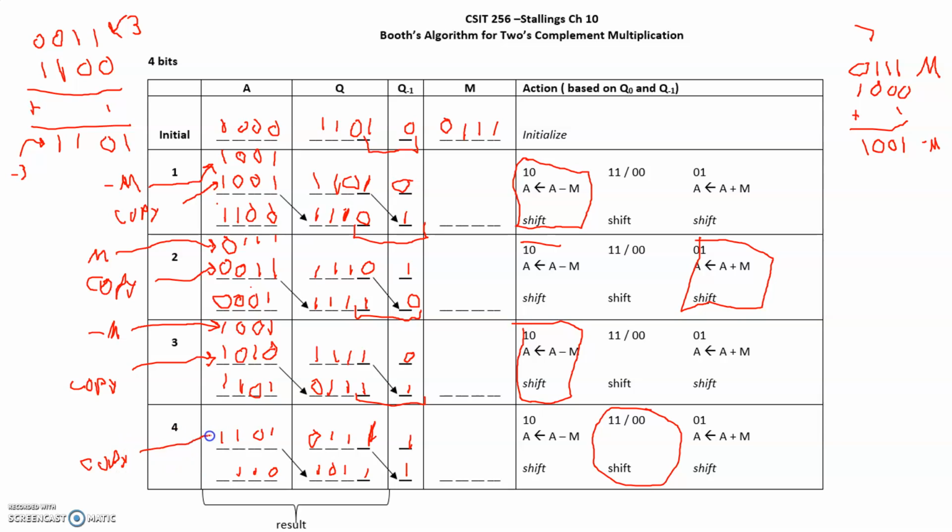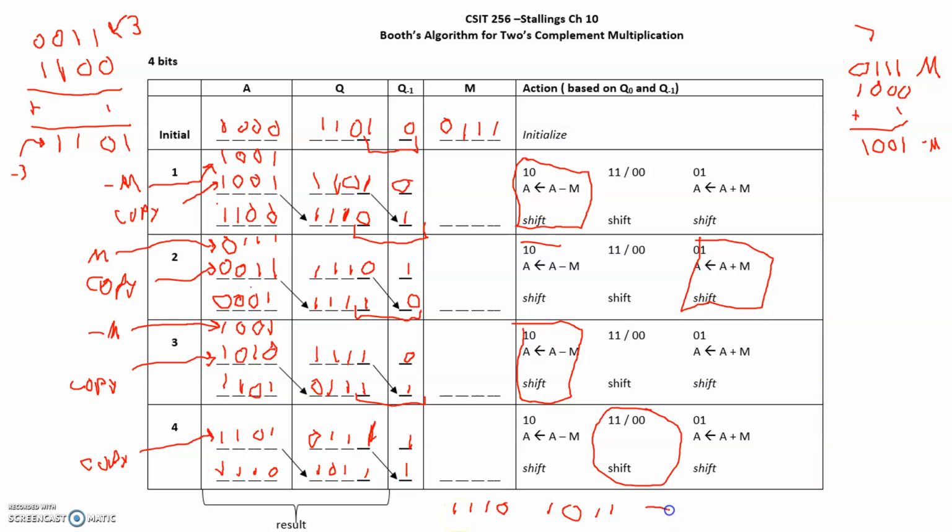And we'll make a copy of this 1. And that 1 comes here. So the result of what we have now in 8 bits, 1, 1, 1, 0, 1, 0, 1, 1. Well, because of this 1 here, it's a negative number.